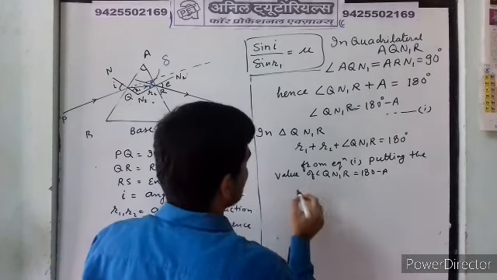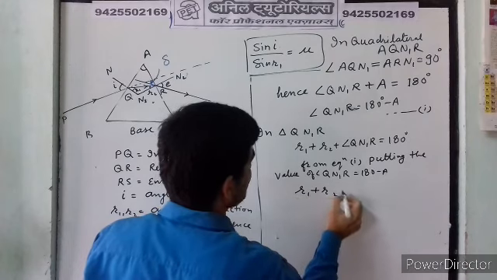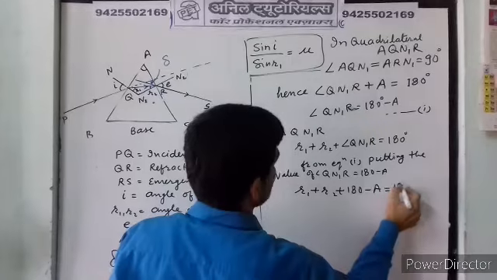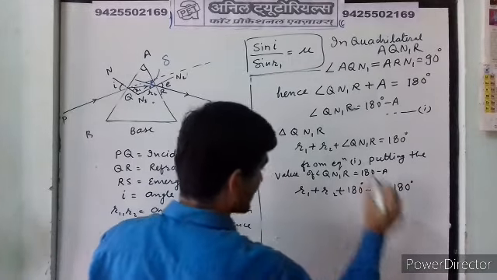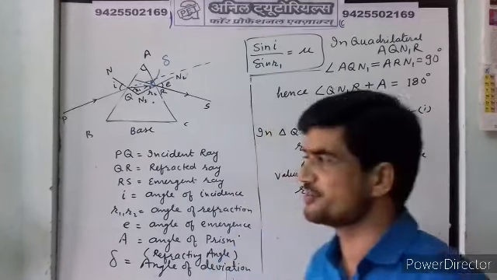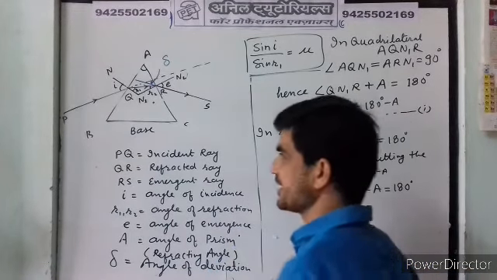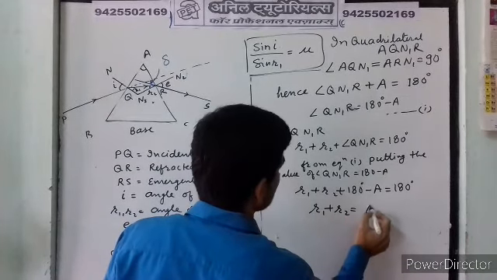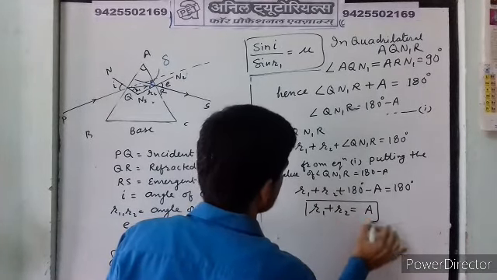We get R1 plus R2 plus 180 minus A is equal to 180 degrees. Here the 180 degrees on both sides cancel out, so you will get R1 plus R2 is equal to A.